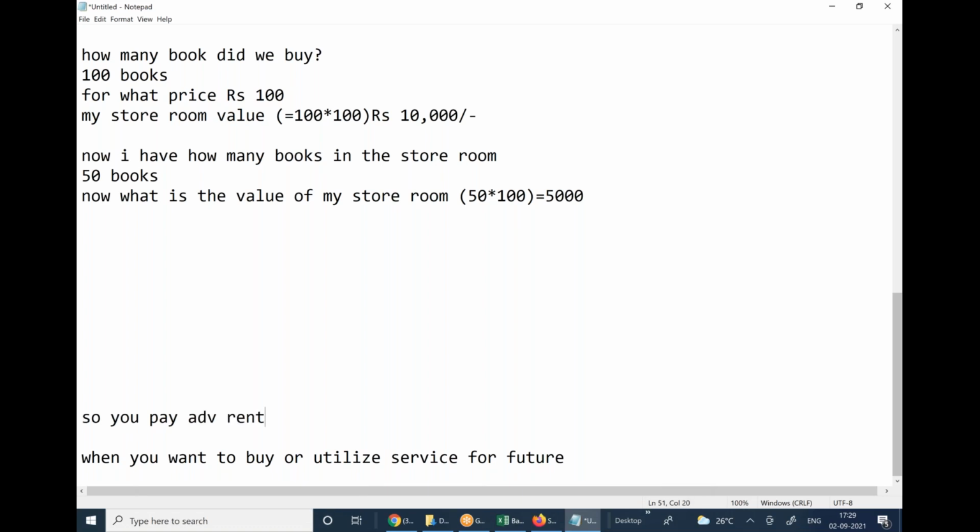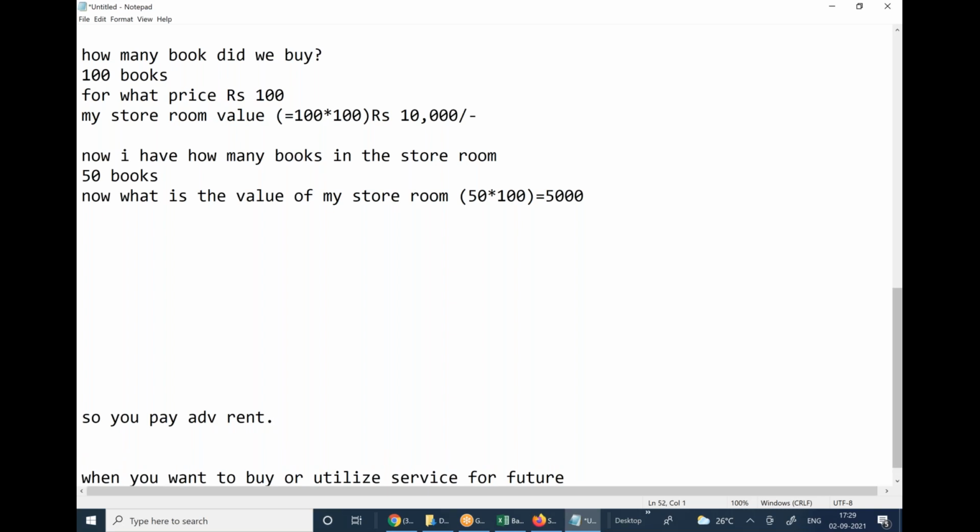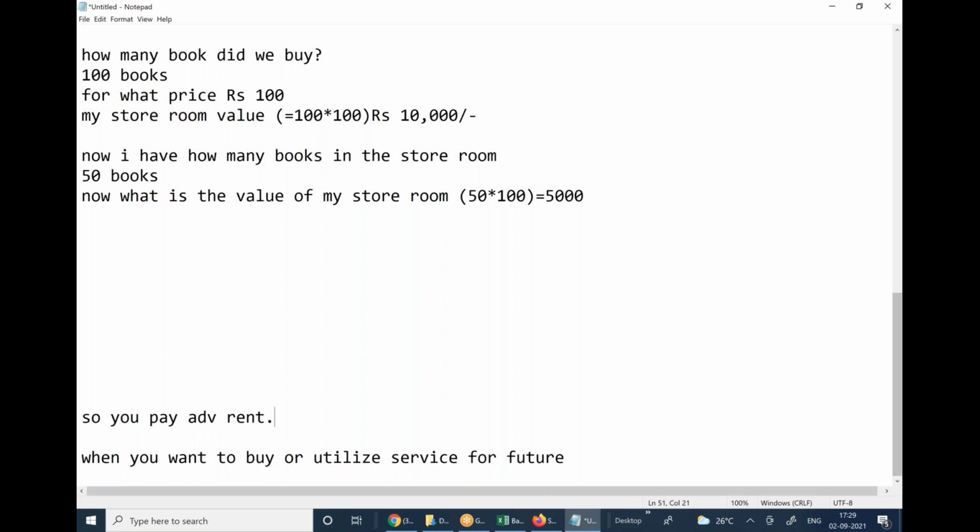Now when you go to the gym, do you pay at the end of the month or just on the first day? Always you pay in the beginning, right? So that is called advance rent. They owe you for the next 30 days because you have paid well in advance. That's why we put it under asset.